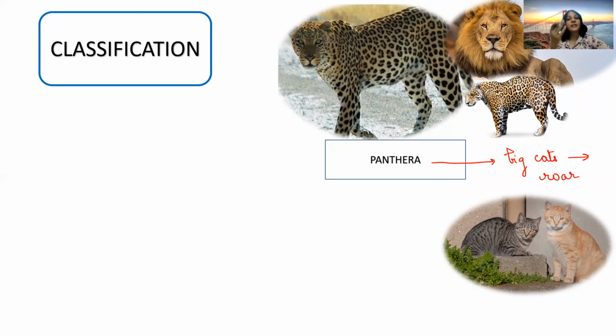This organism also has those similarities, so we will put it in this category. Although cats look similar, they are smaller ones, so they are put in a different genus, that is Felis. They cannot roar. But one characteristic is similar with the cats, and that is retractable claws.